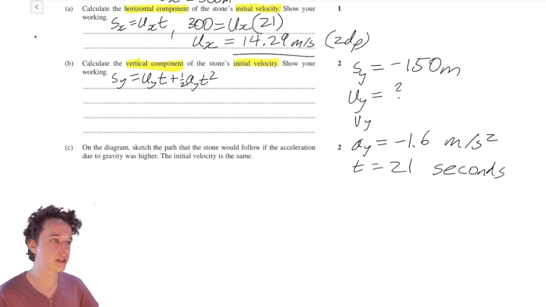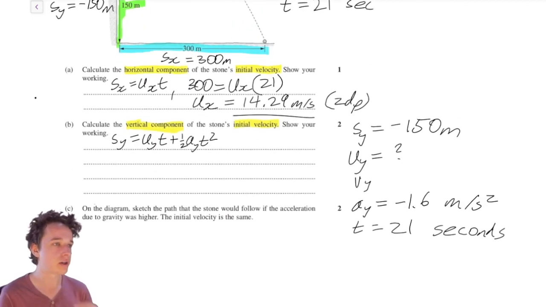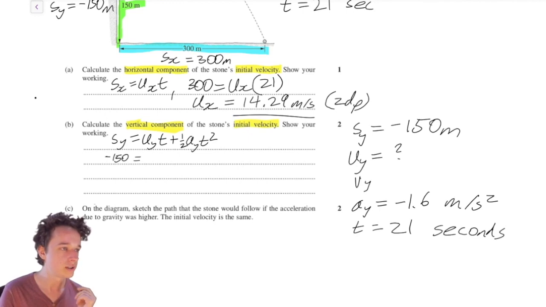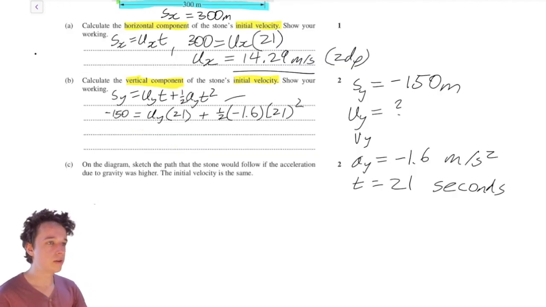This is basically the same exact question, except now we have an acceleration to deal with. So negative 150 is equal to uy, which is the thing we're trying to find, multiplied by t, which is 21, plus half of negative 1.6 multiplied by t squared, which is 21 squared. Take all this stuff to the other side and you end up with 21 uy is equal to half of 1.6 multiplied by 21 squared minus 150.